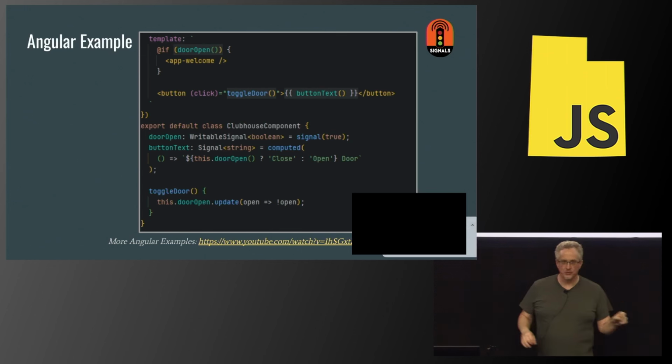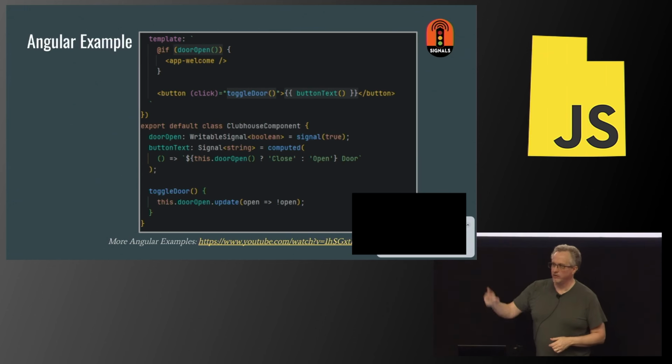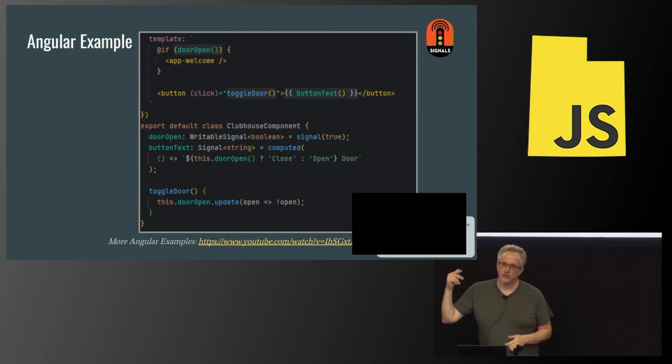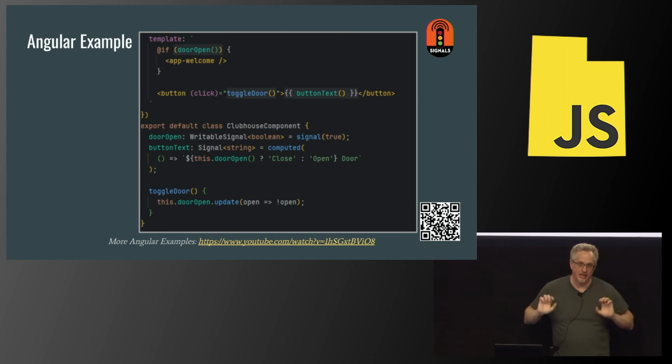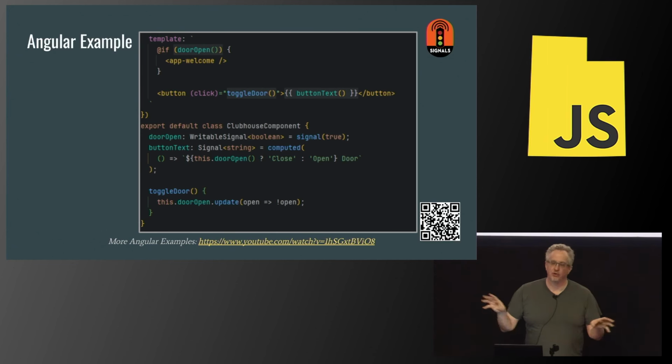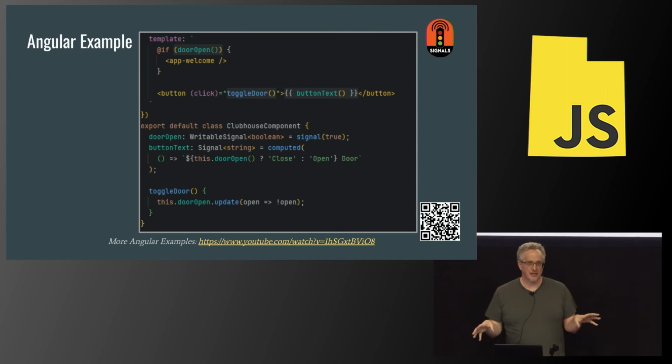And now Angular knows that those specific lines of the template are dirty, and so it will ask those specific lines to recalculate, to re-render those specific lines. Not the whole app, not even the whole component, but those specific lines. And so we'll say, recalculate these things. Dirty has been pushed down. We're now going to pull the value, and we can put those on the screen. And I want to say some of this, like awesomeness of performance, doesn't quite exist yet, but it's what they're working towards.